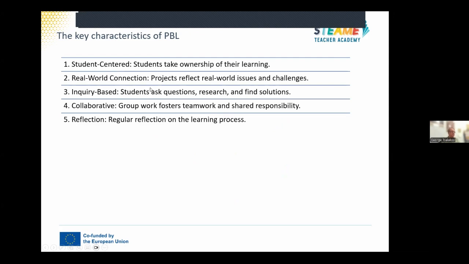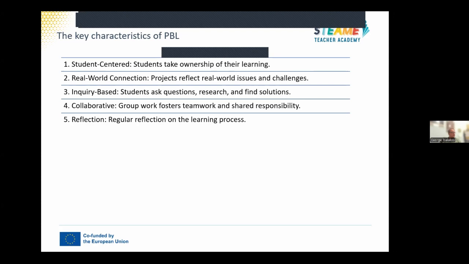It's student-centered. That means that students take ownership of their learning. There is a connection with the real world. And this is more engaging for students if they have to deal with real world problems that are interesting for them. It's inquiry based.